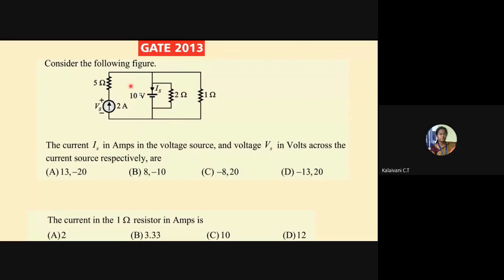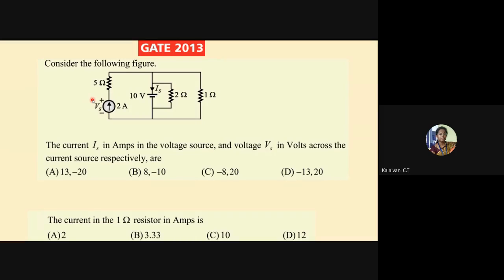This IS we have to find. Next is the voltage VS in volts across the current source. So here is the current source, we have to find this VS. So the question is to find IS and VS.